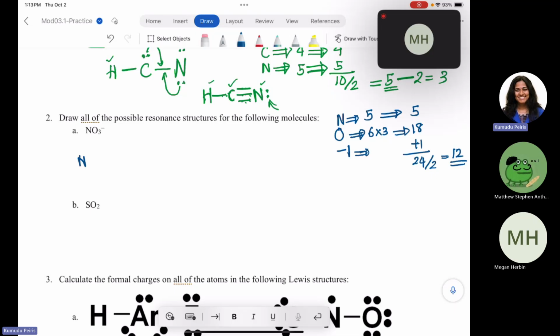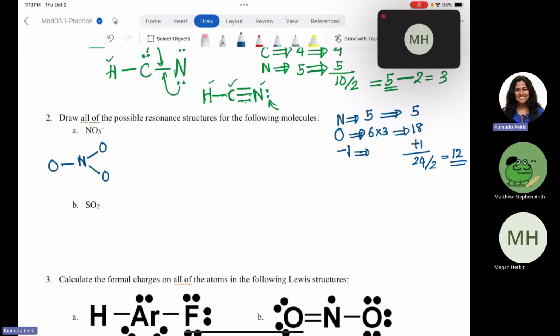So here I connect 3 oxygens to this nitrogen. Right. Now, how many more electrons on this nitrate?